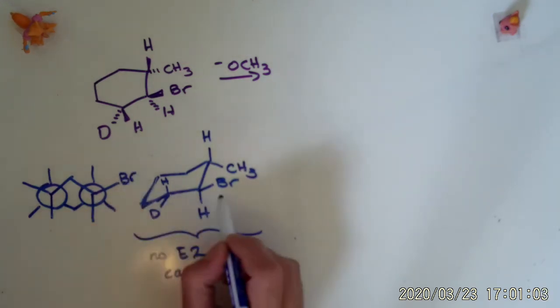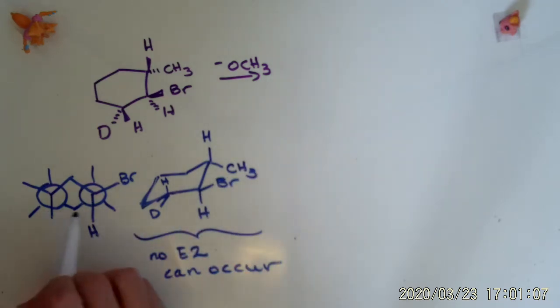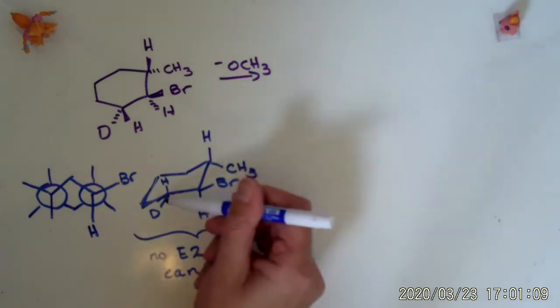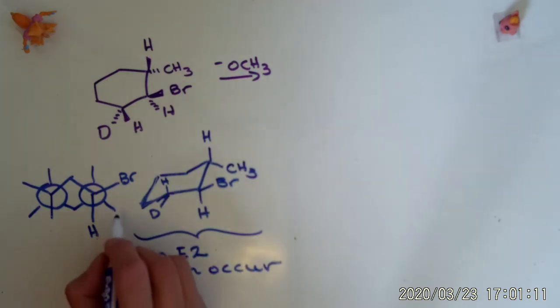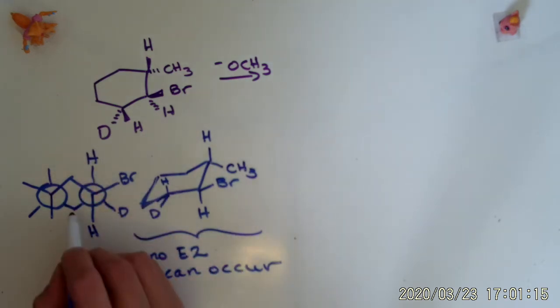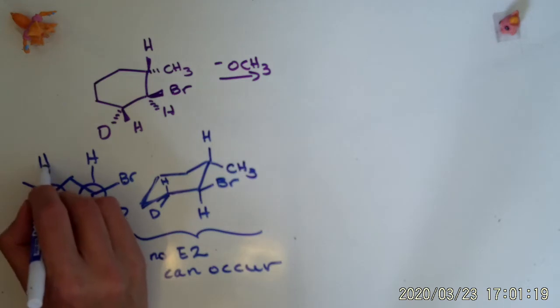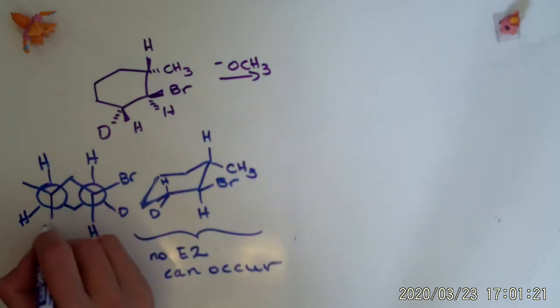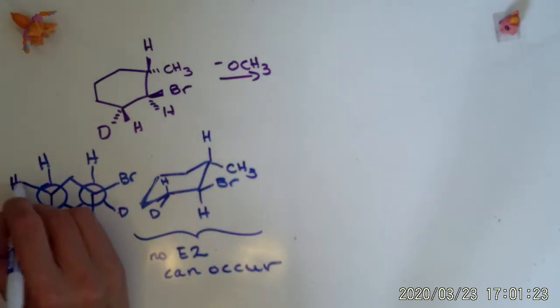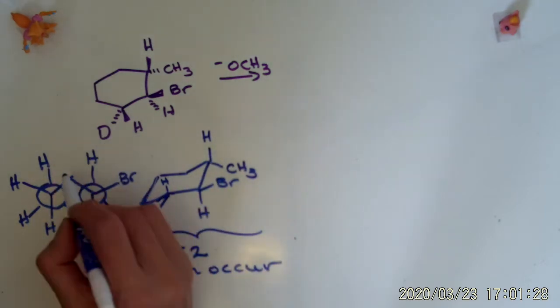Here's bromine, right? Here's hydrogen, okay? And then, if I look this way, deuterium is equatorial, hydrogen is here, goes down here, hydrogen, hydrogen. This one, hydrogen, hydrogen. And in this one I have my hydrogen, my methyl.